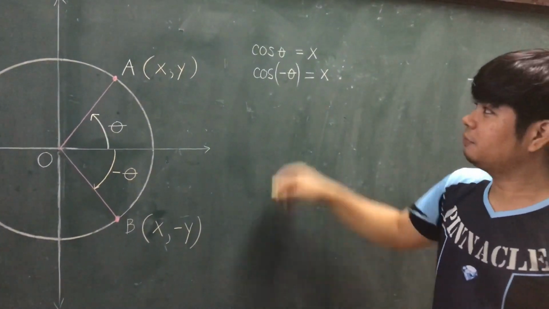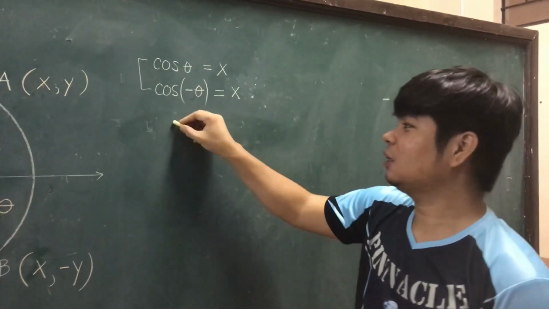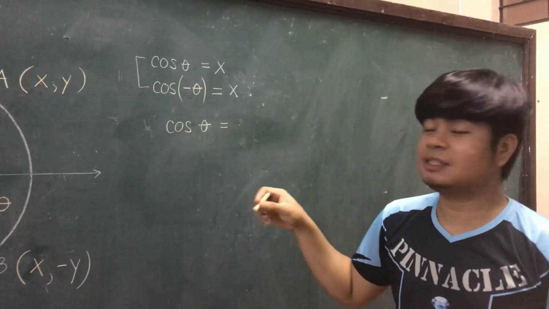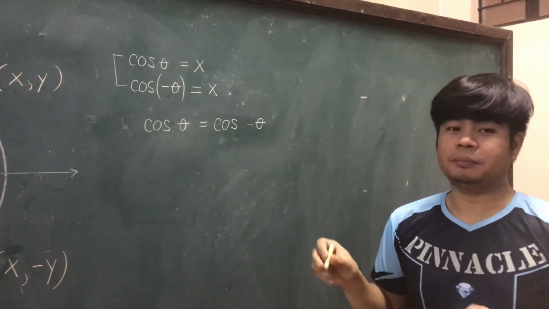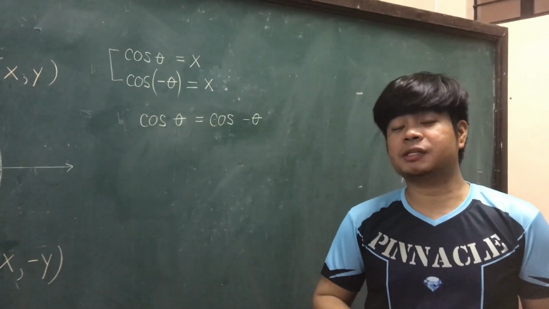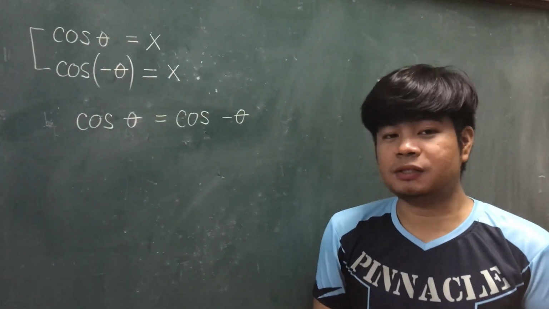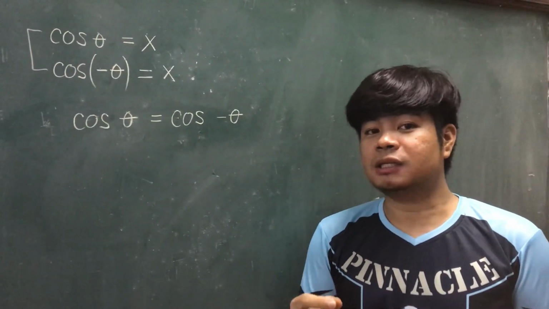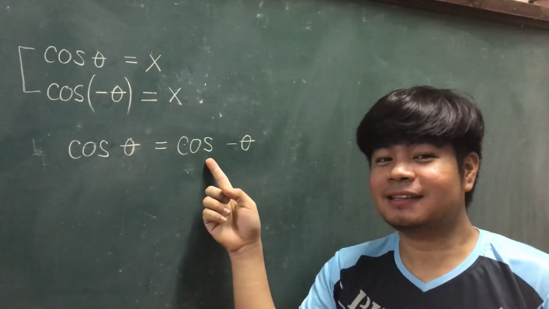As you observe, they are just the same. So cosine of angle theta is equal to cosine of negative theta, because theta and negative theta are equal in degree measures. However, the rotation is not the same. One is counterclockwise, the other is clockwise.